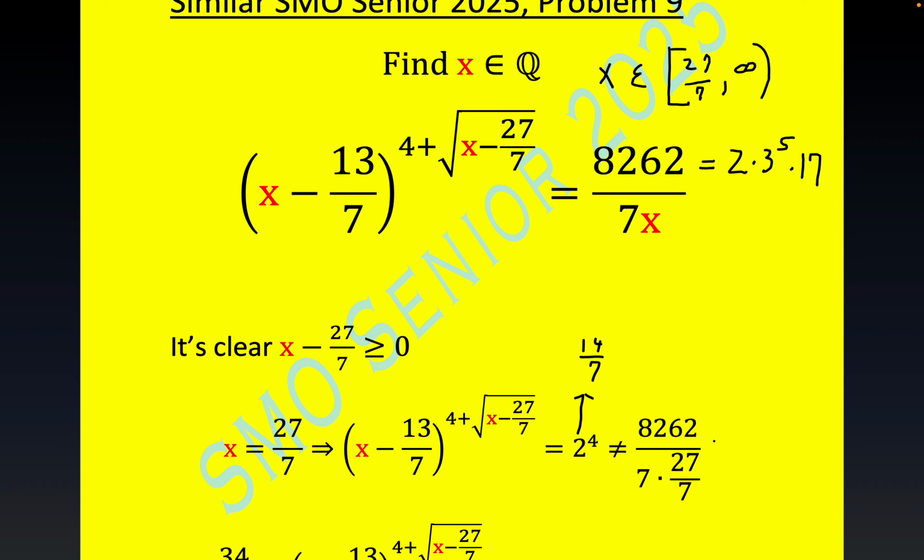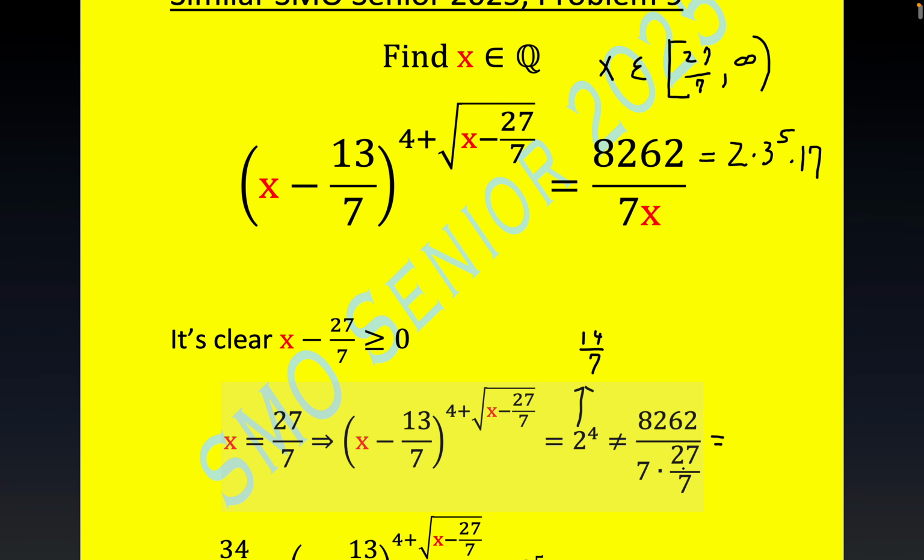But you can see why this is not equal, because this is equal to 16 right here, and this number would be 3 to the 5th. The 7 cancels. You have 3 cubed.